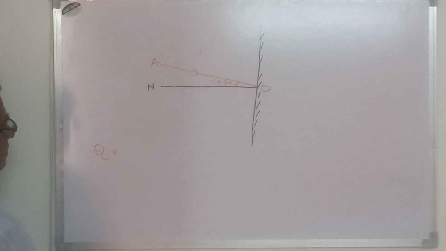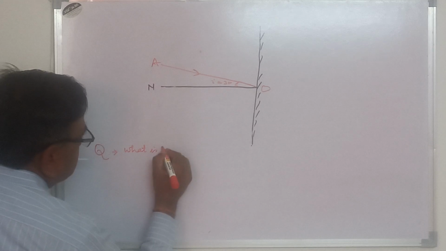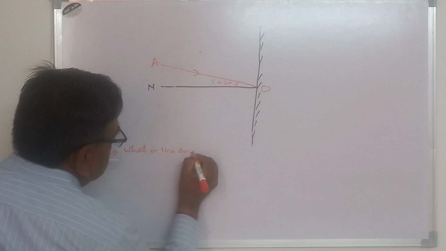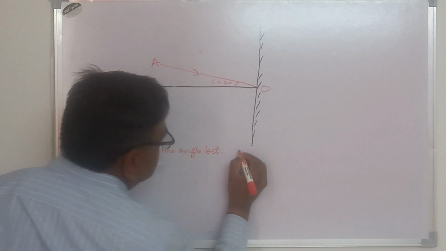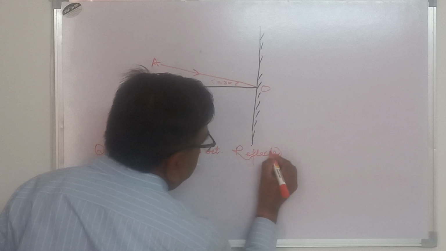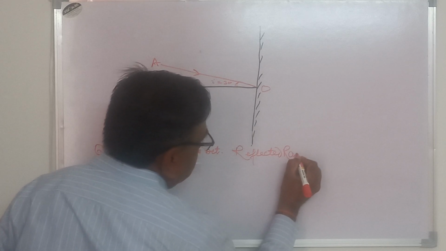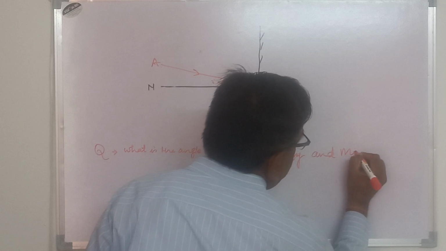The question is: what is the angle between the reflected ray and the mirror surface?